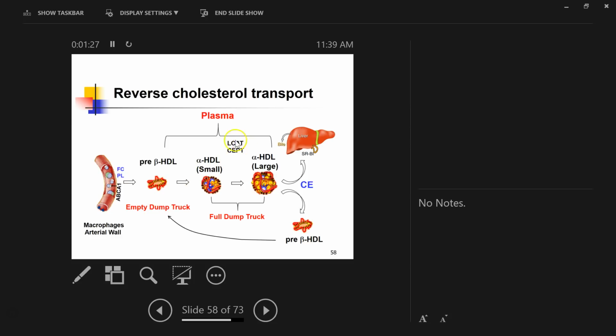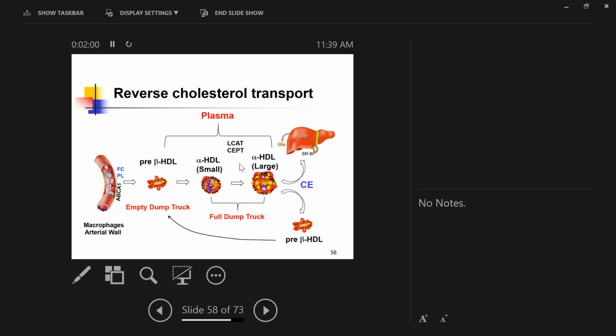And the other protein I just mentioned, right? LCAT is in the plasma and catalyzes reesterification of free cholesterol to cholesterol esters, and CETP is the protein that helps the lipid exchange between HDL and VLDL, LDL, and IDL.